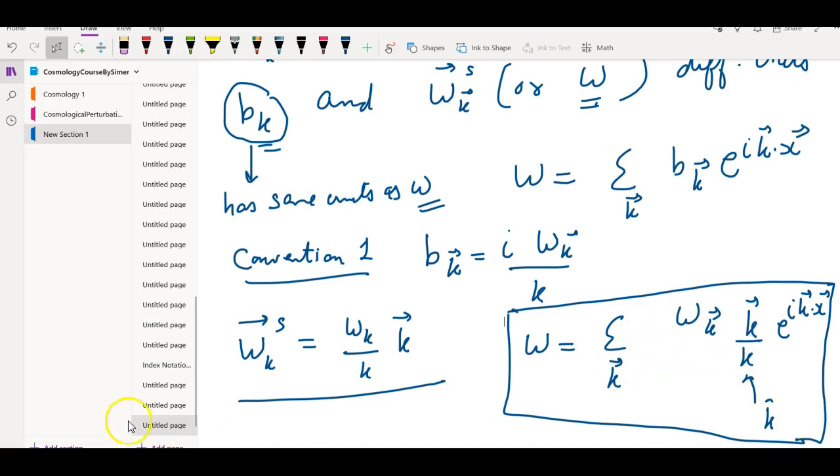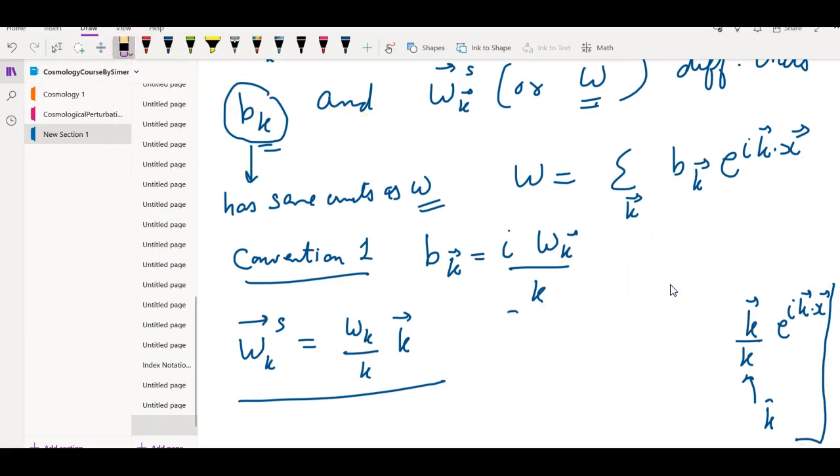So this is WKS. Okay, one second, let me rewrite this. So I got the value in convention 1 for WKS.